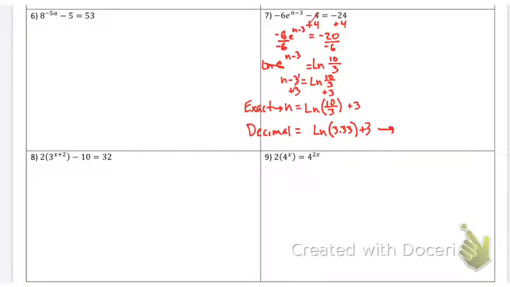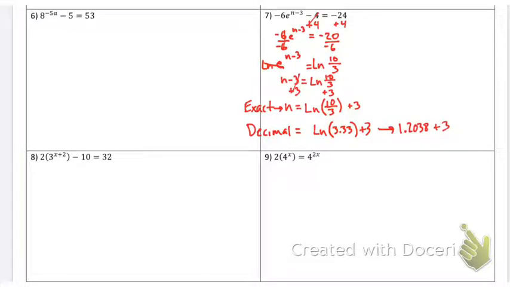Let's see. Okay, so this natural log of 3.333 is 1.2038. And then we're going to add 3 to that.